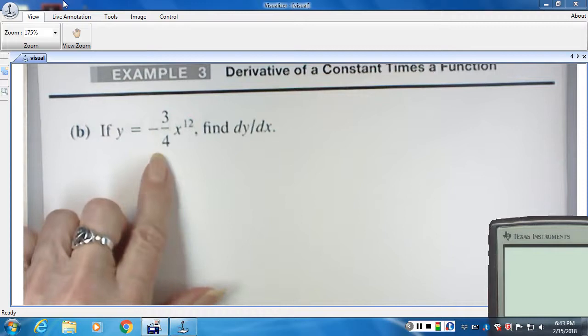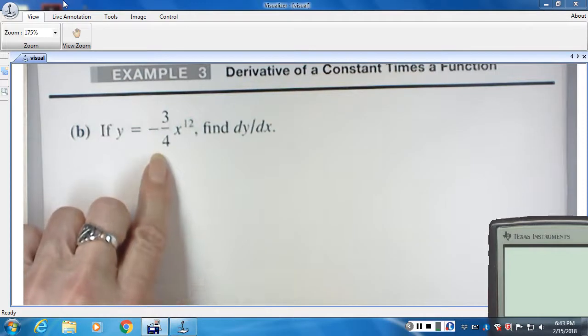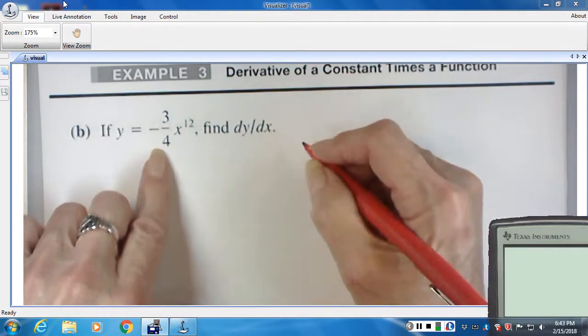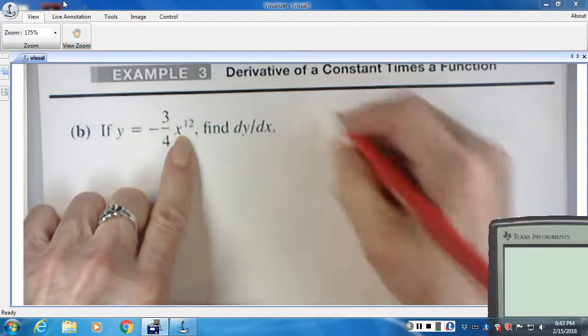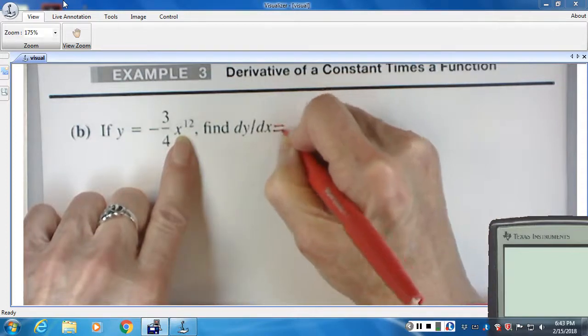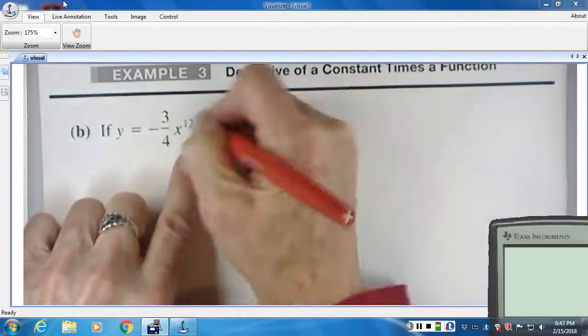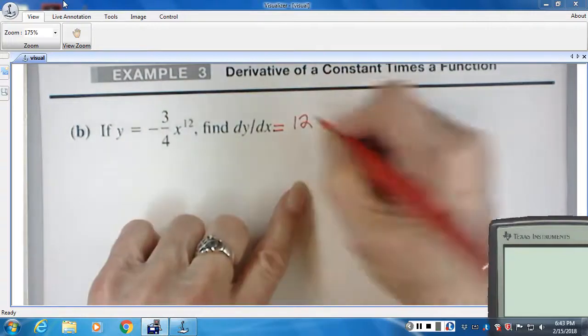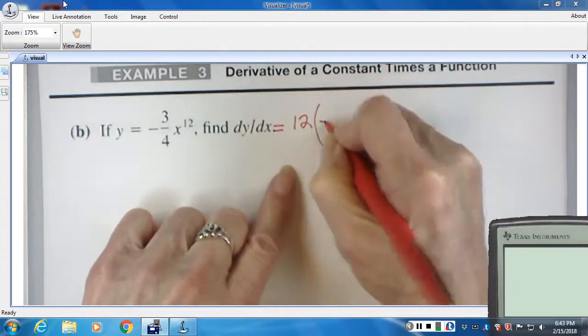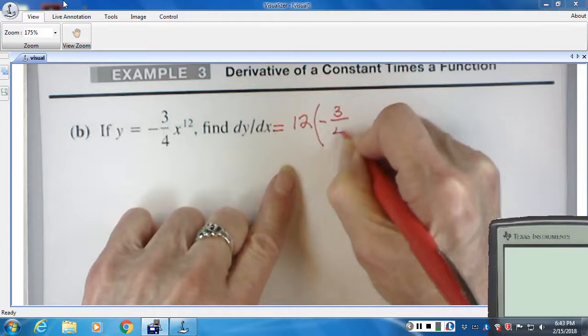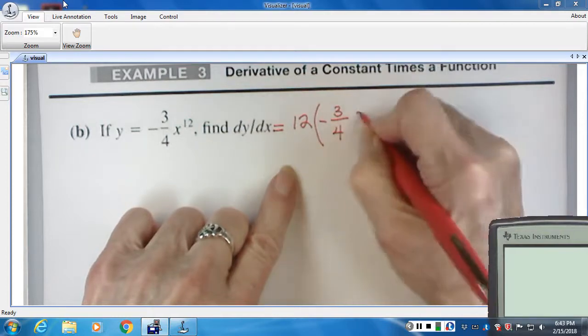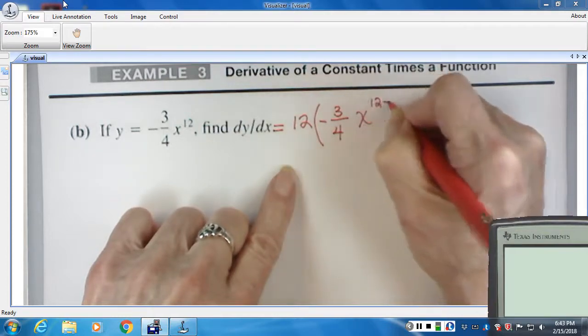This one works the same way. If y is negative 3/4 x raised to the 12th power, dy/dx is equal to 12, because you bring your power down in front, times negative 3 over 4 times x to the 12 minus 1.